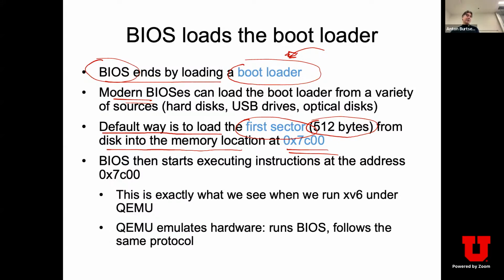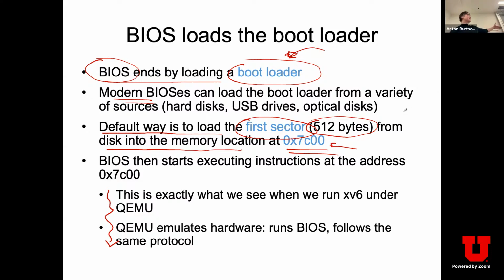Okay, and this is exactly what happens when we run xv6 under control of QEMU, a virtual machine monitor or emulator. It actually executes BIOS, so it will execute the same boot protocol, and the way you get a chance to run is to compile something that will be loaded at this address 7C00.